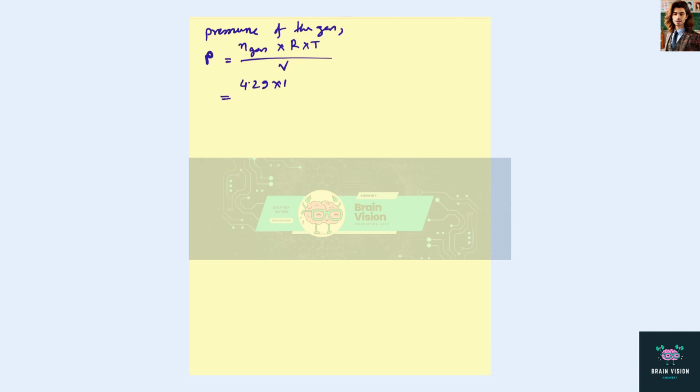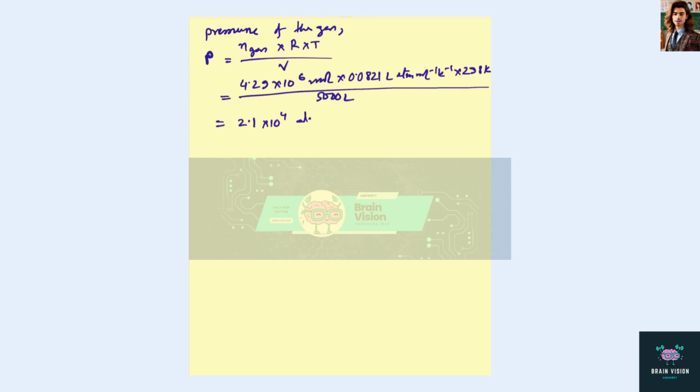The number of moles of gas is 4.29 multiplied by 10 to the power 6 mole. Temperature is 298 Kelvin. The volume is 5000 liter. Therefore, the pressure of the gas is 2.1 multiplied by 10 to the power 4 atmospheric pressure.